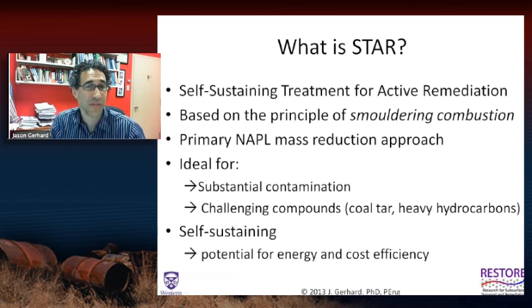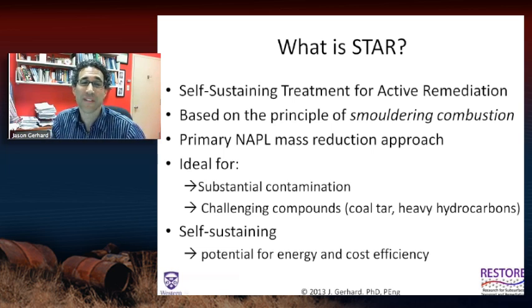So below a certain amount, they're effective, but when you have too much contamination, they become ineffective. For example, it could be toxic for the organisms. And STAR is the inverse of that. It actually works better if you have more contamination, and it works better if you have more recalcitrant compounds. So it's a very nice complement to what's already existing in the array of technologies available.